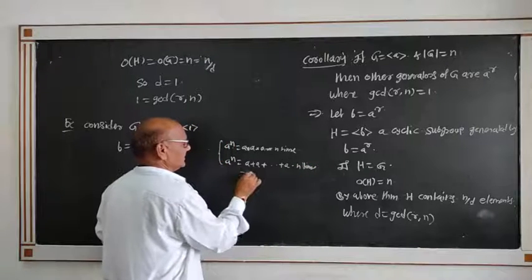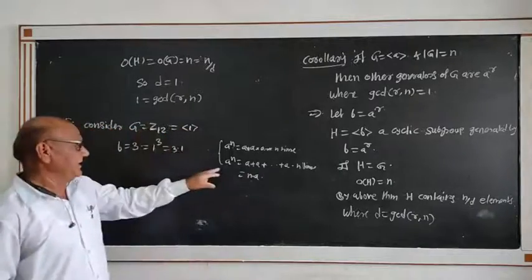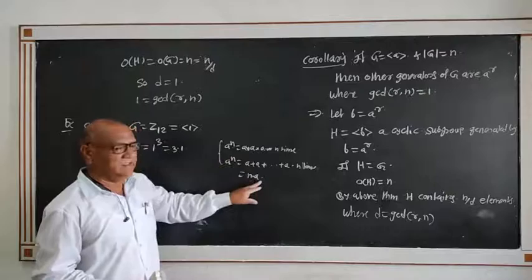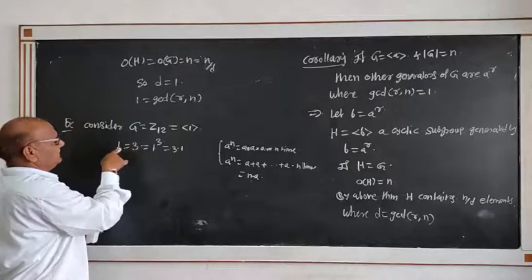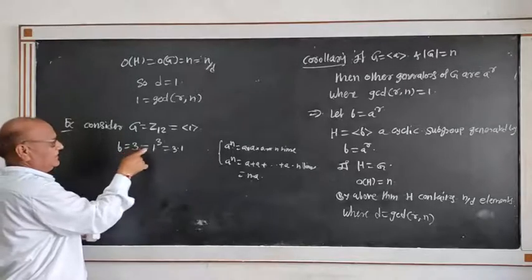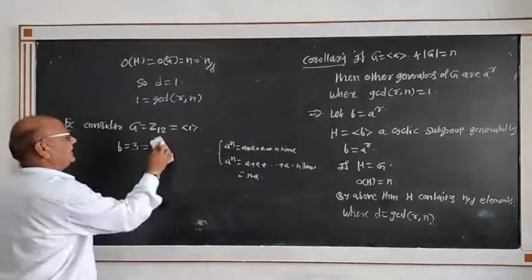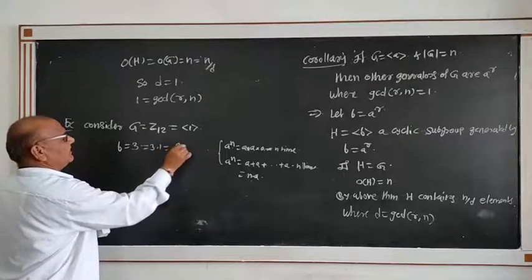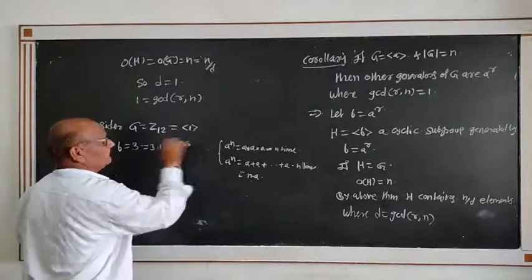This gives n into A. That means if the operation is addition, then A raised to n means n into A. See here, same. B is equal to 3, 3 can be written as 3 into 1, and this is 1 to the power 3.